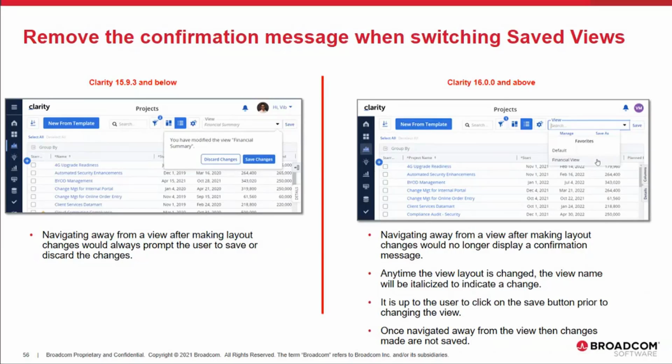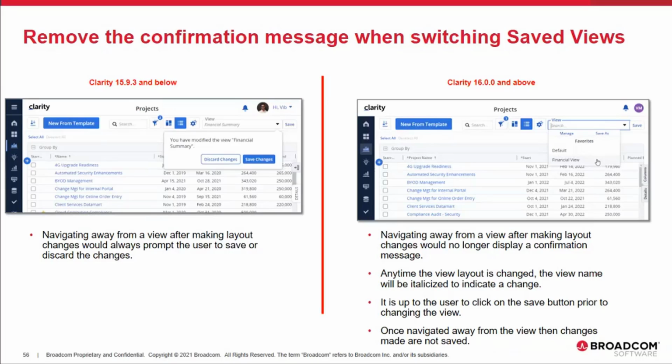This was done with the rightful thinking that we didn't want the customers to lose any of their modifications, so we always alerted them. However, over a period of time, it became more of a distraction and an annoyance, because customers know that they're modifying, and if they're modifying something, the view name does become from a regular letter to an italicized letter, indicating that something was modified.